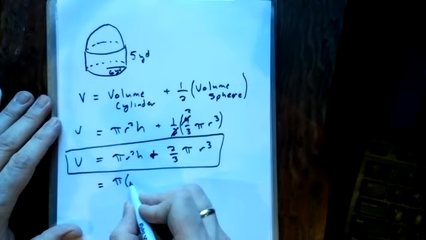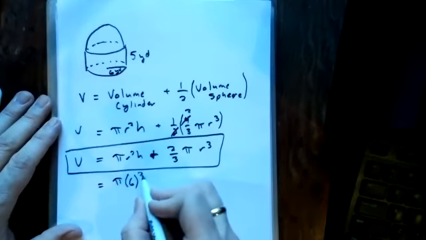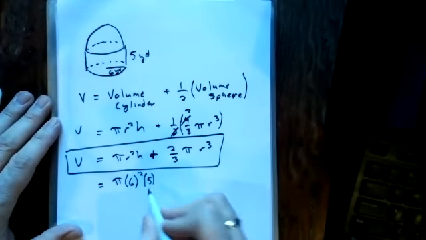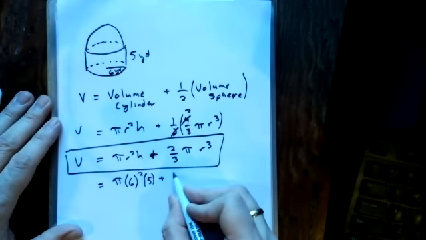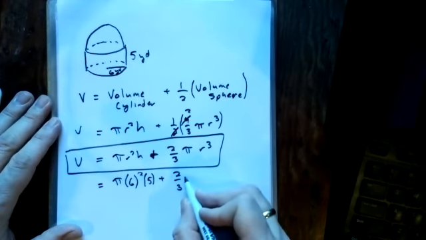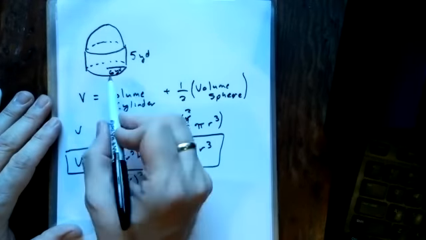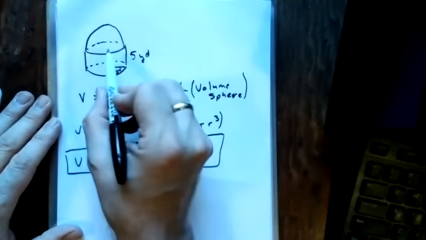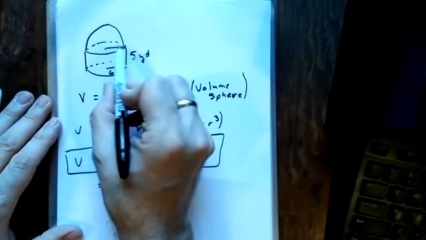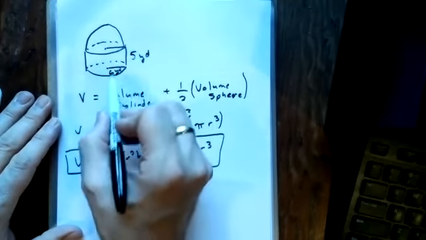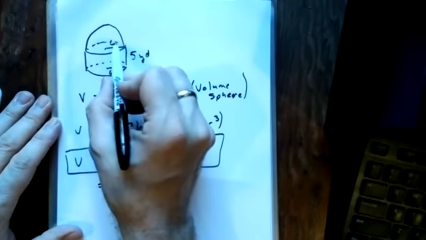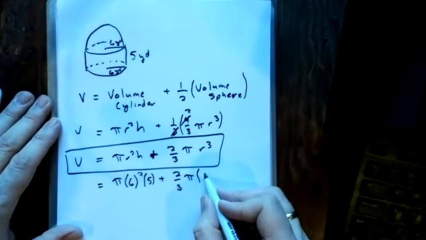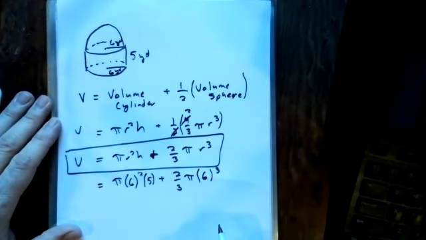So that would be 6 squared times our height of 5, then plus 2/3 times pi. And if you think about this, the radius is going to be the same up here as it was down below. So our radius is still going to be 6 yards. So it'll be 6 cubed.